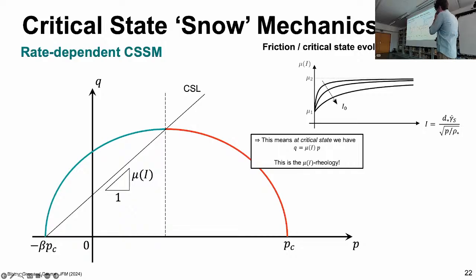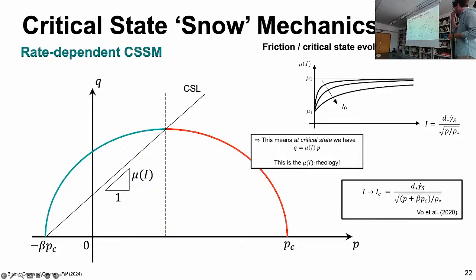Now, there is one problem here, which is the fact that we have cohesion, so we have negative pressures. That doesn't really go well with our definition of the inertial number. So what we do is we introduce the cohesive inertial number.